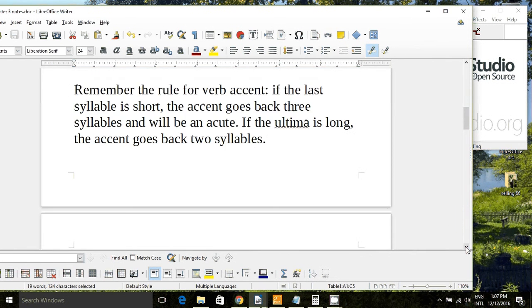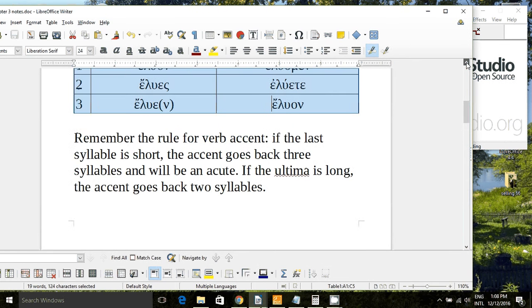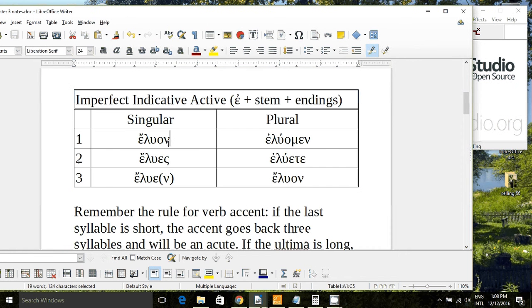Remember our rule for verbal accent. If the last syllable is short, the accent recedes. It goes back three syllables, and it will be an acute accent. If the ultima is long, the accent only goes back two syllables. Now, it just so happens that here in the imperfect, every last syllable in every form is short, and so the accent's always going back to the third last syllable.